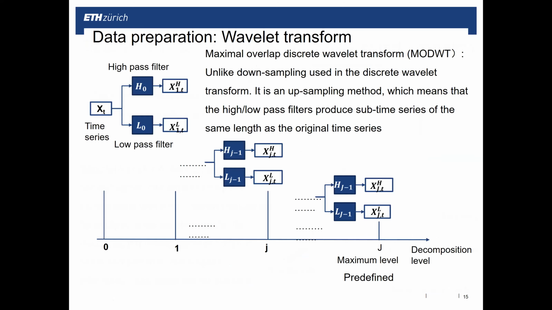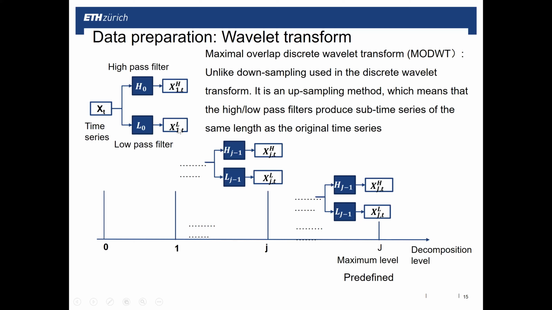Here what we used is called the maximal overlap discrete wavelet transform to decompose the time series. How does it work? You put the original time series x_t through a high pass filter and also a low pass filter. Then you will get two different sub-time series: the high frequency time series and the low frequency time series.